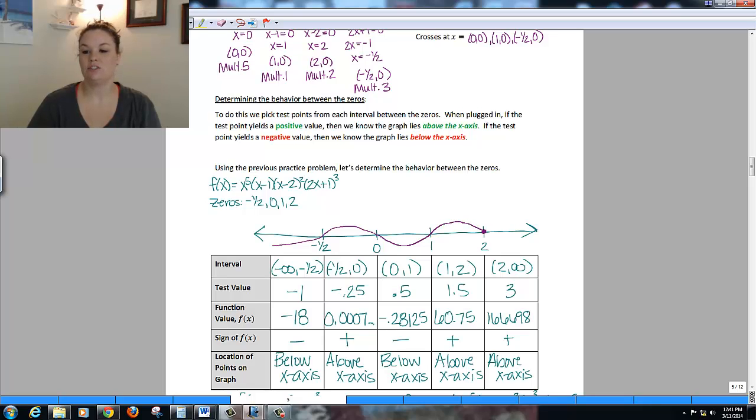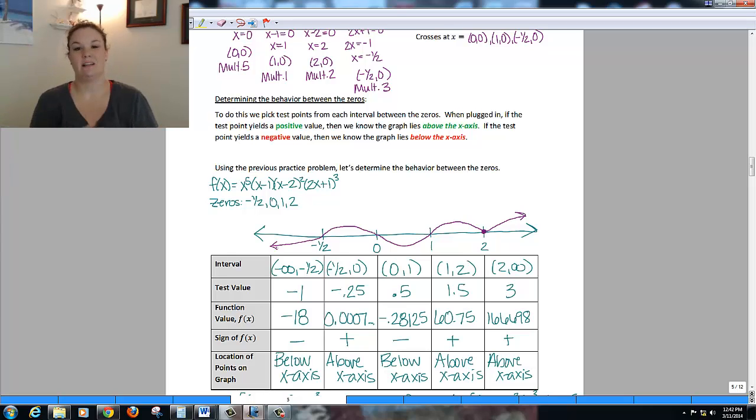And then when I get to 2, remember it only touches. So notice the interval from 1 to 2 I got above the x-axis, and from 2 on I get above the x-axis. So that means it does something like this. So it just bounces at 2 and stays on the same side. Okay. So my function looks something like this. Now I don't know how high or how low it goes in between the zeros.